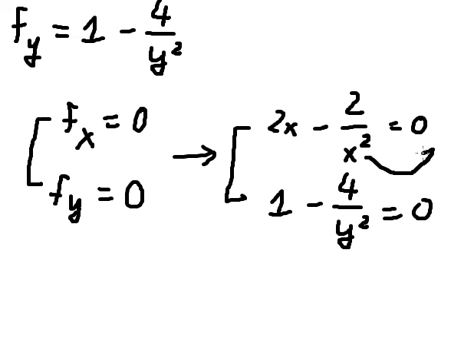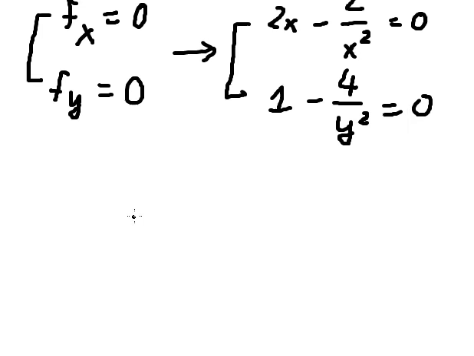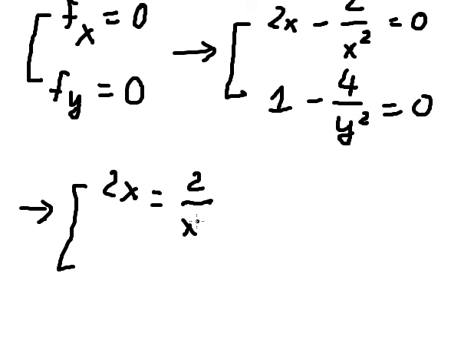So I will put this one go to the right, this one go to the right. So we have 2x equals number 2 over x squared. This one we have number 1 equals number 4 over y squared.